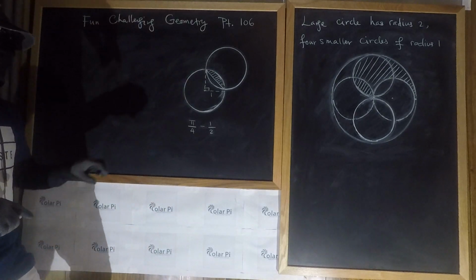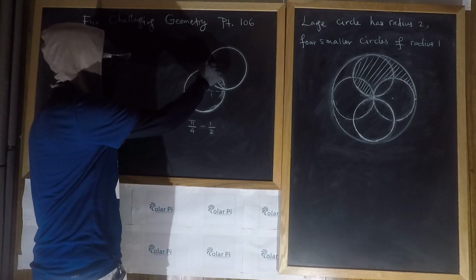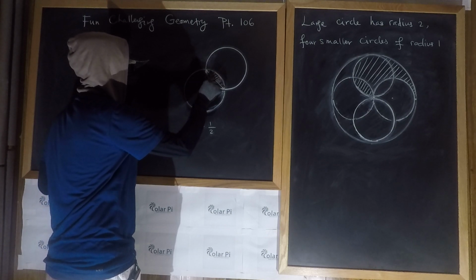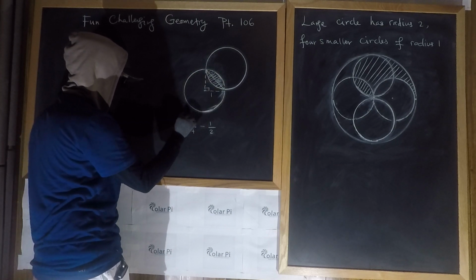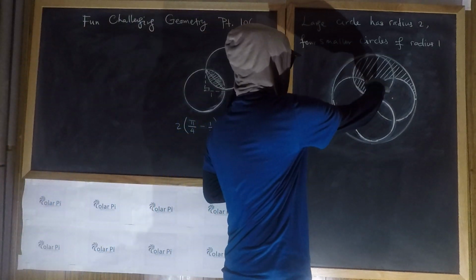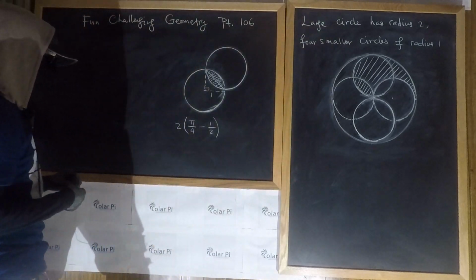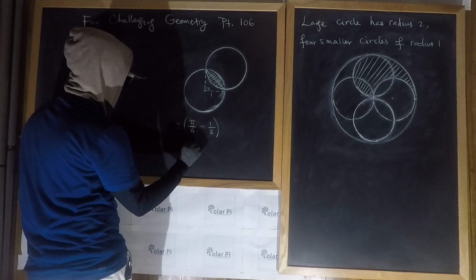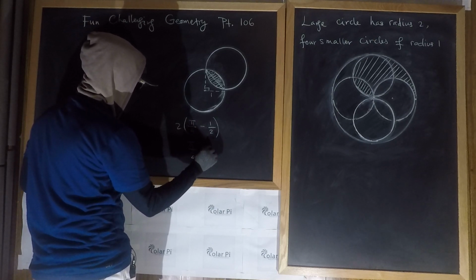Now, pi over 4 minus 1/2 is this shaded area, which is half of the area of interest. So we just have to double this to get that shaded area, which is this little strip of great interest. When I multiply by 2, I get pi over 2 minus 1.